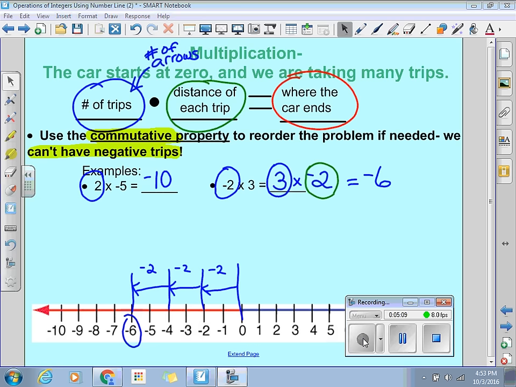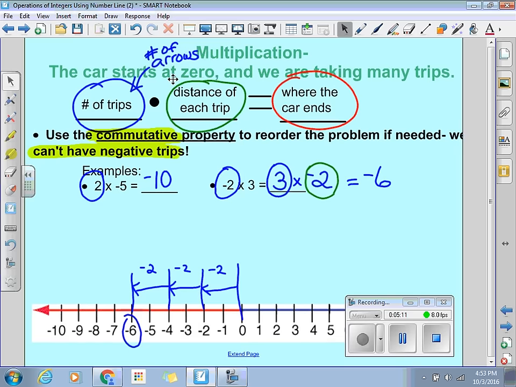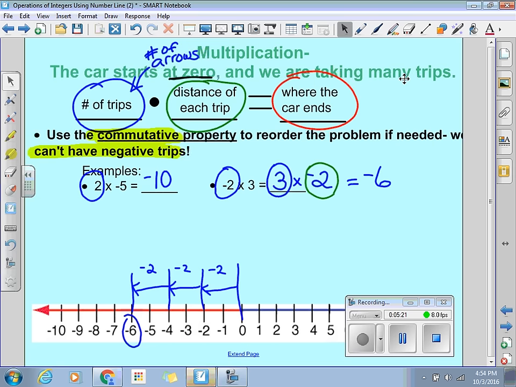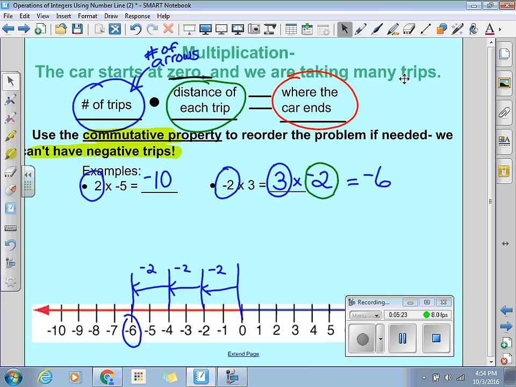The car starts at 0, so make sure that you're filling in your notes, and your notes say 0 is where you start. You take many trips, and that first number, the number of trips, is the number of arrows.